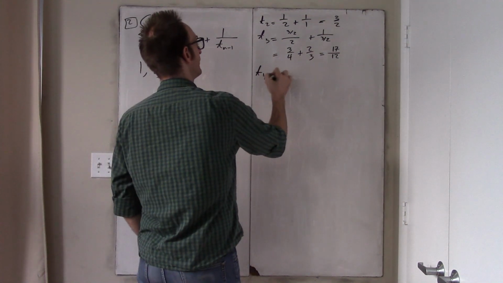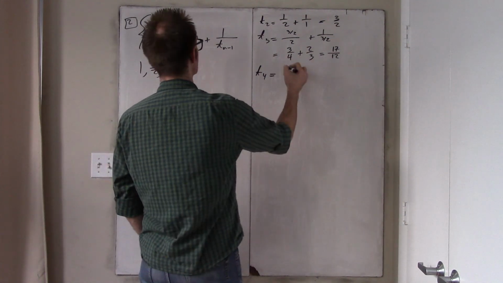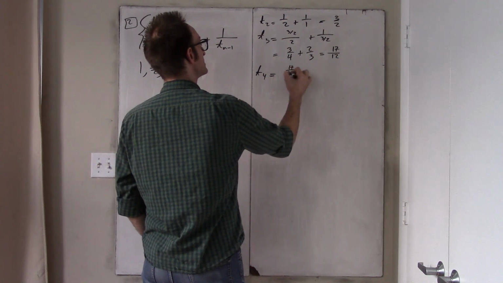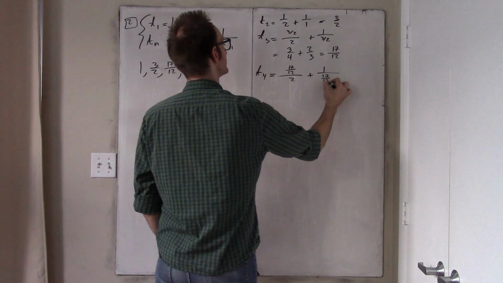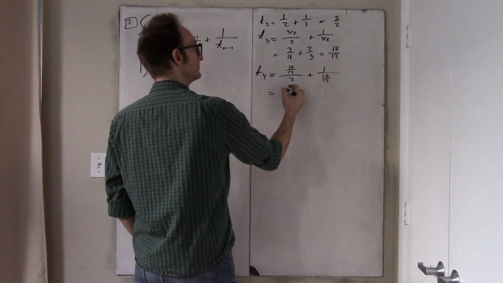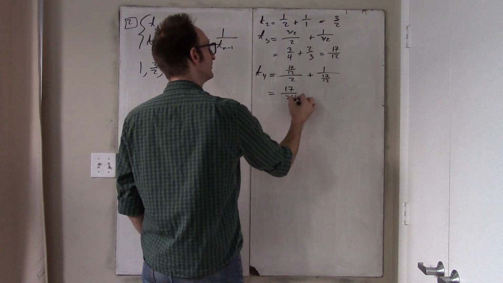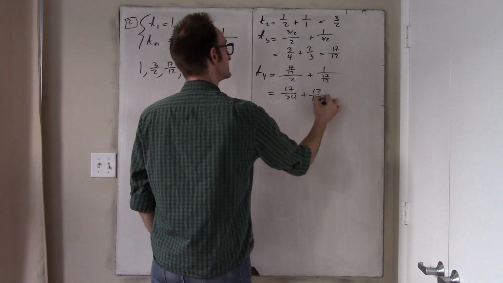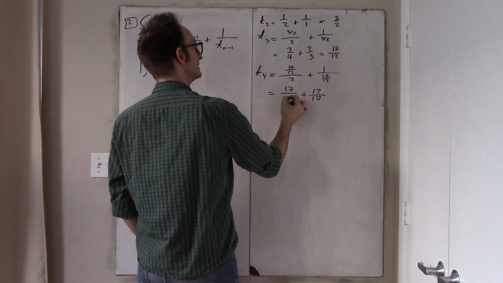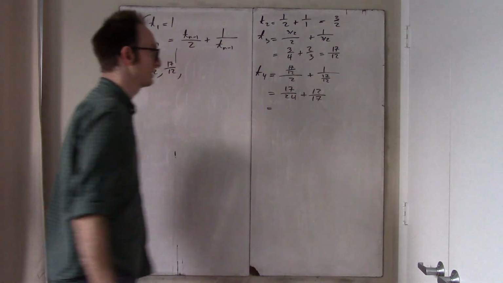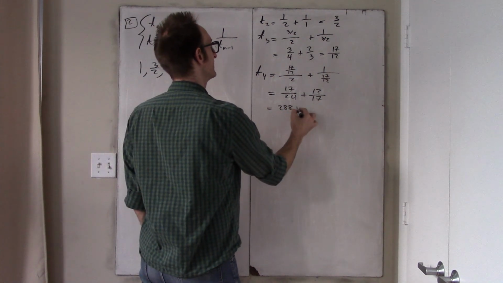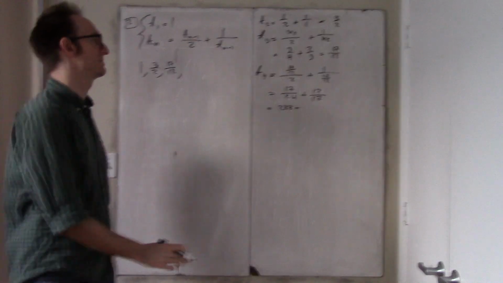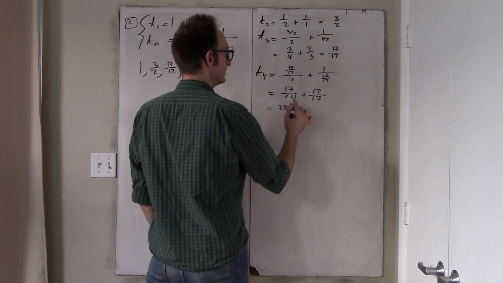What's T4? Well, it's the previous term T3, so 17/12 over 2 plus 1 over 17/12. Man, I really don't want to do this, because that's 17 over 24 plus 12 over 17. 17 is prime, so there's just no good way to do this except doing it. That's like 288 and 289.